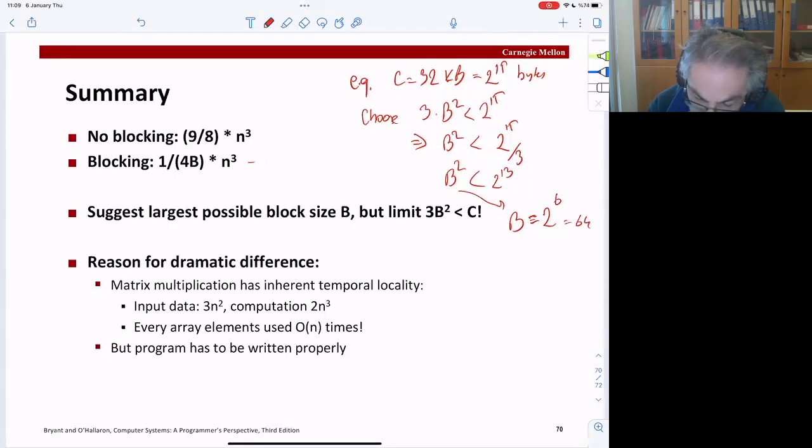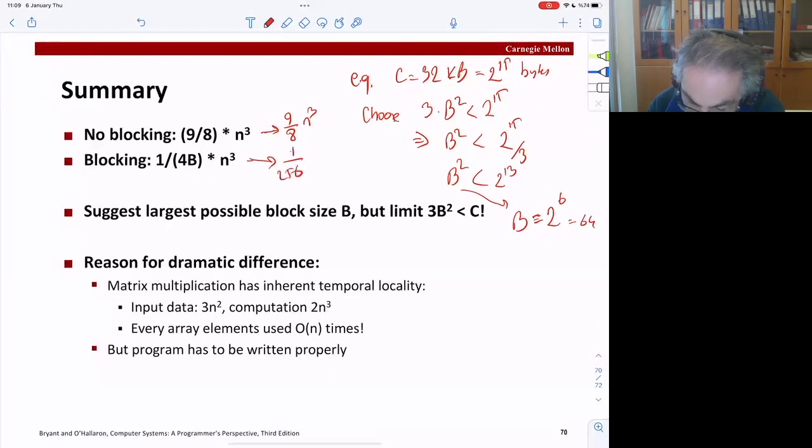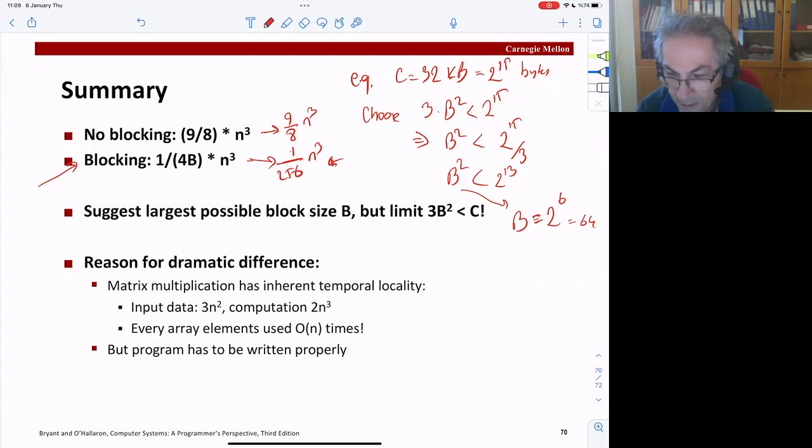So what this means is, with no blocking, I will have 9 over 8 n cubed misses, whereas here I will have 1 over 256 n cubed misses. So you can see that this one has about 250 times fewer misses in matrix multiplication. When you do this, the speedup that you get will be huge, a dramatic difference.